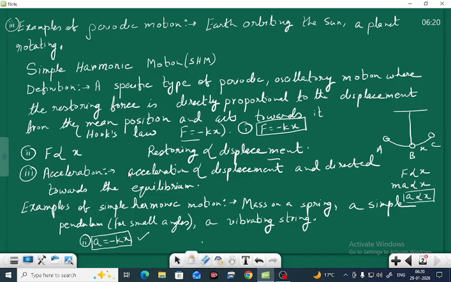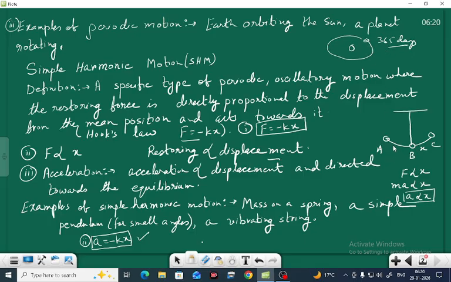So there is no specific rule for periodic motion. It is a motion that repeats itself after a fixed interval of time. For example, our Earth revolves around the Sun in 365 days. So this is periodic motion, but not simple harmonic motion.